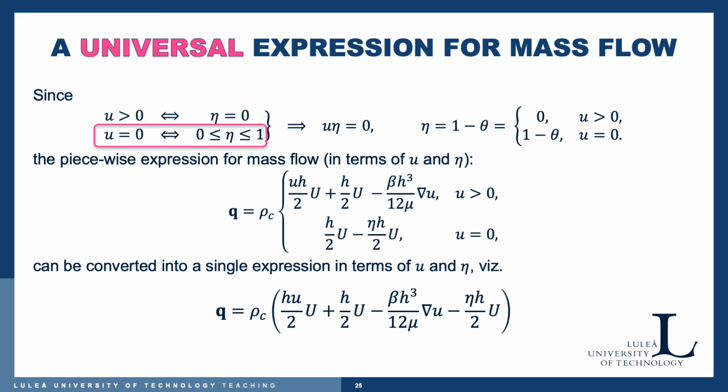Same thing goes in the cavitated region, where u equals 0 and eta is larger than 0. We also have terms cancelling out in our unified expression, and we end up with the same expression as we had before.